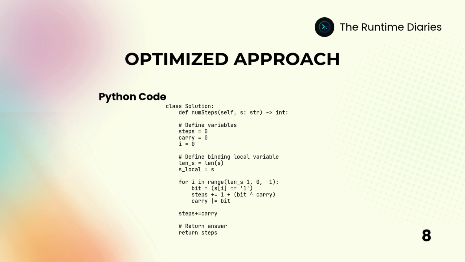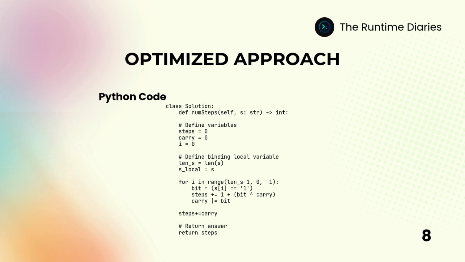So let's break that down. We're looping from right to left because that's how carries move. The line bit equals s of i equals 1 as a string simply checks whether the current bit is a 1 or 0 and converts it to true or false. Then the most interesting line, steps plus equals 1 plus bit XOR carry.